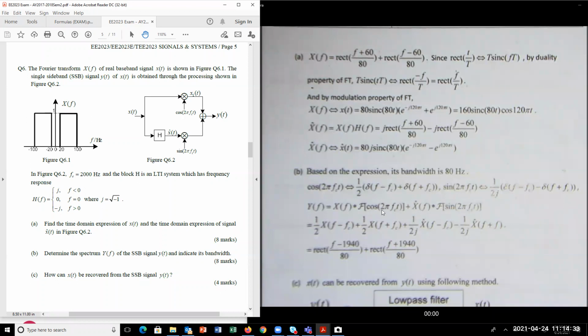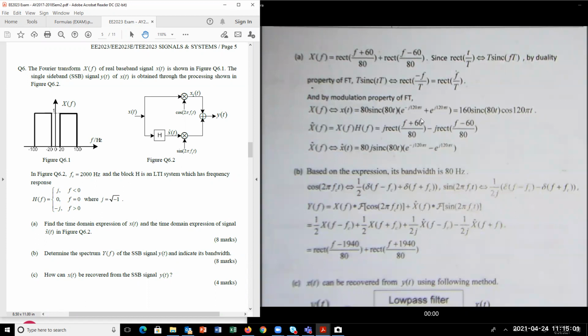So when you convolve with the cosine here, you move X to plus and minus FC, which is these two guys here. Similarly for X hat, which you had derived out here, you convolve with the sine, you'll get 1 over 2j for moving to the right and to the left.